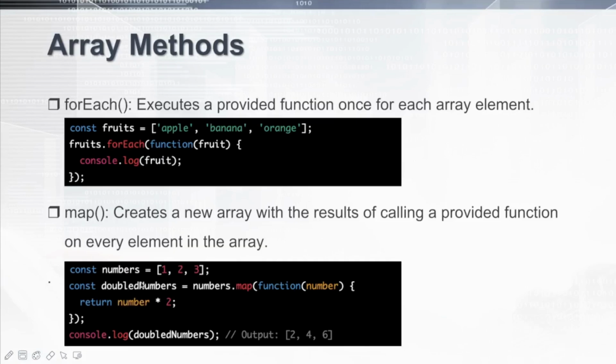In this case, you can see that we are using the map method to multiply these elements by 2. So each of these elements will be doubled. So doubled numbers. Then we say return number times 2. Each of these elements will be doubled when we print the output.